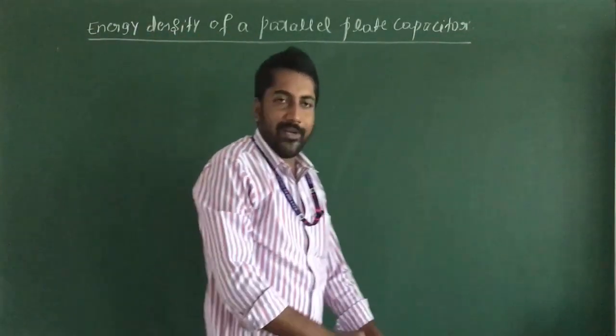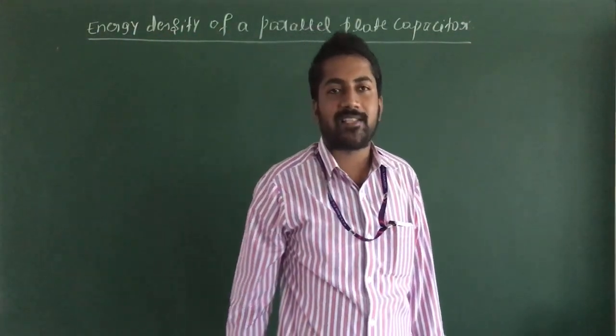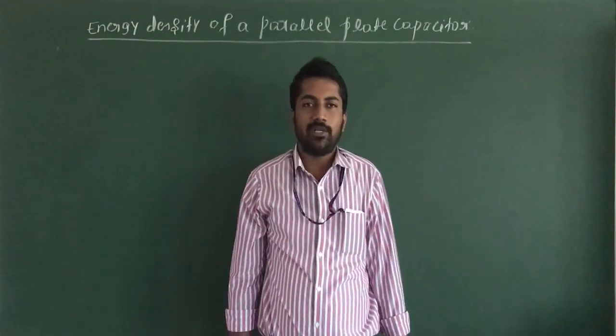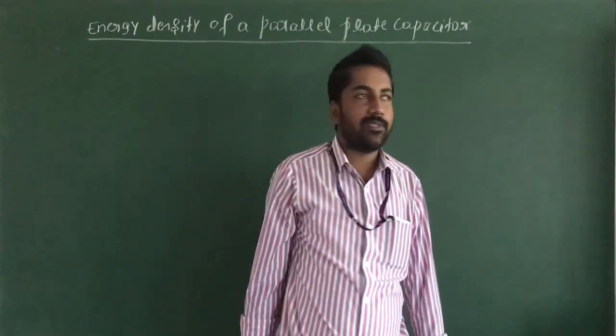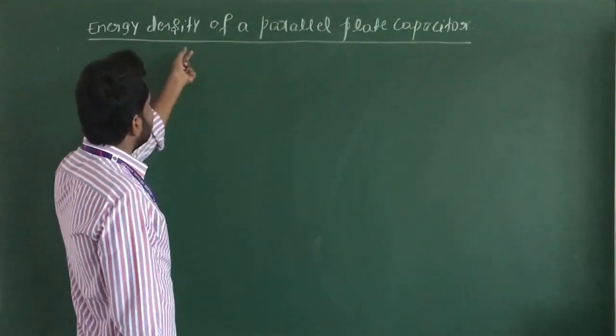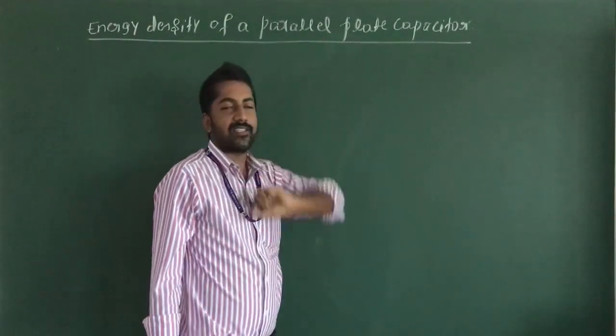Already we know the equation for energy stored in a capacitor, that is U is equal to 1 divided by 2 into C into V square. And in this class, the last concept is energy density of a parallel plate capacitor.